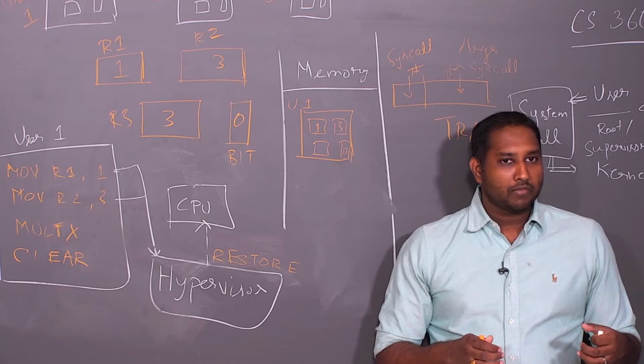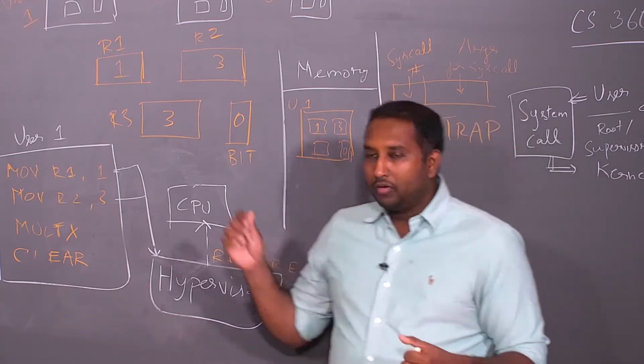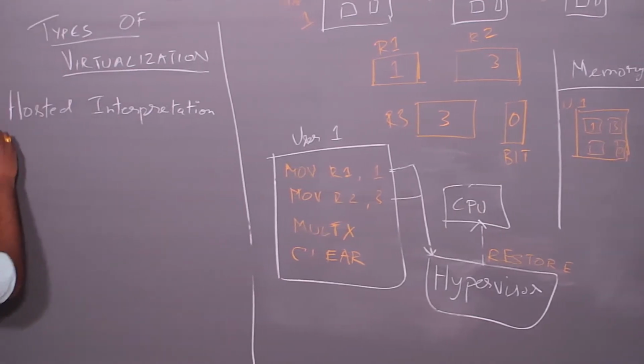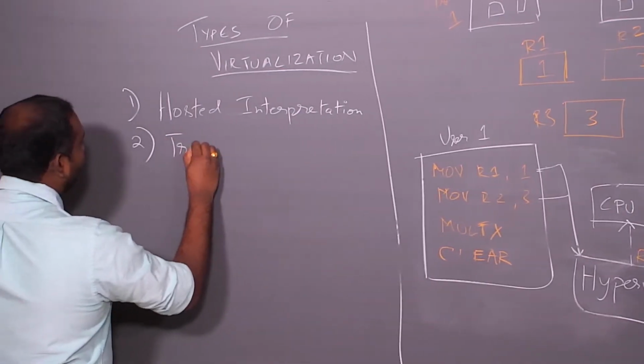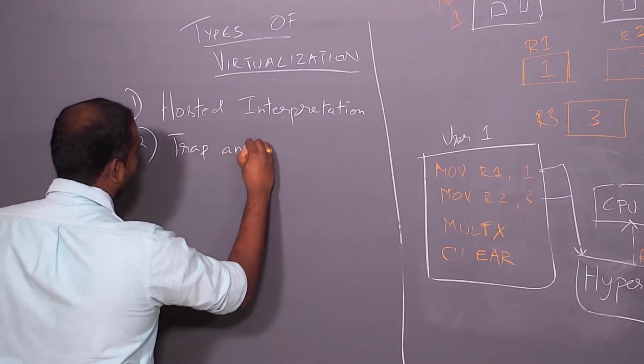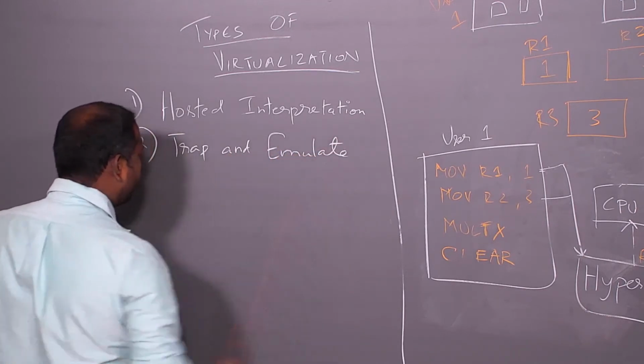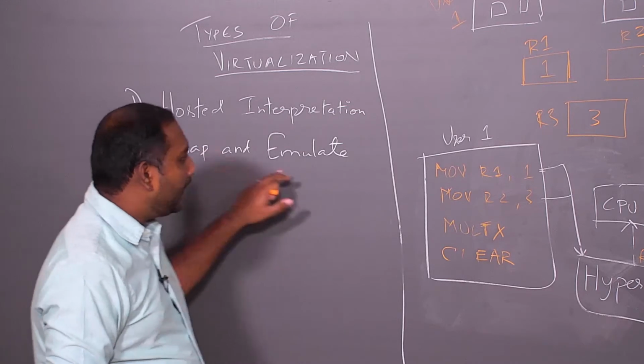Okay, so we looked at the first approach. Now we'll go to the second approach, which is trap and emulate.